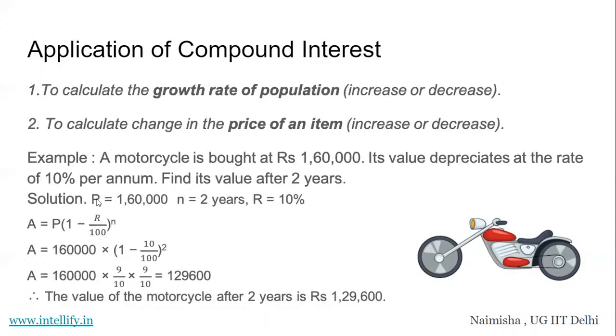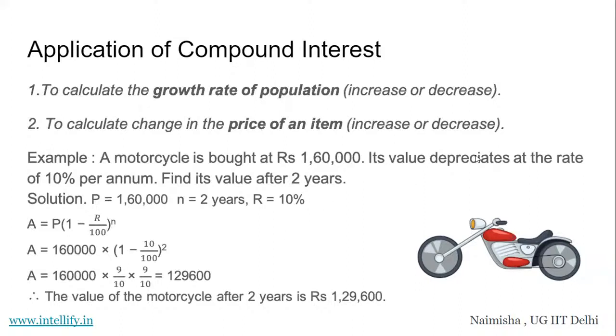Given principal is equal to 1,60,000, time period 2 years, and rate of depreciation is 10%. So the amount will be principal into 1 minus r by 100 whole power n. The minus comes here because the value is being depreciated annually.